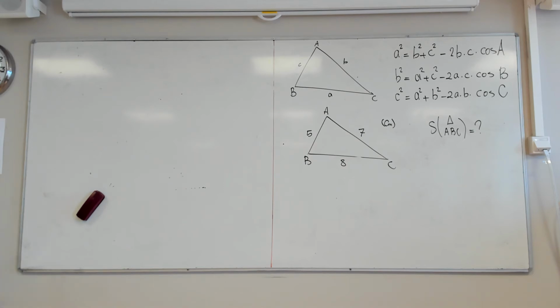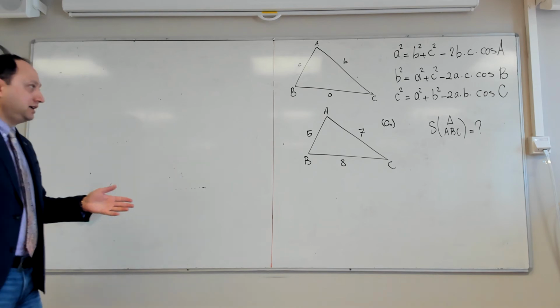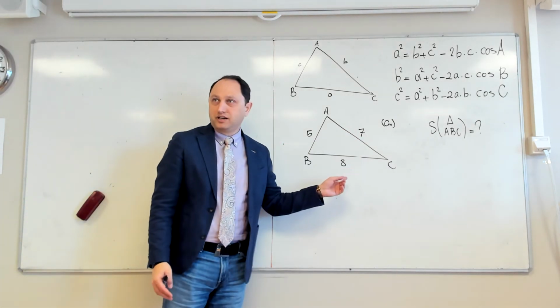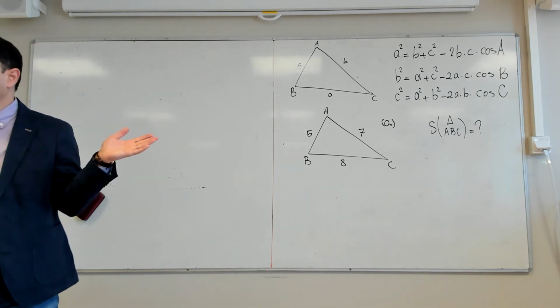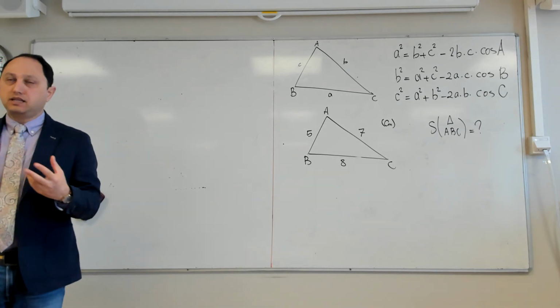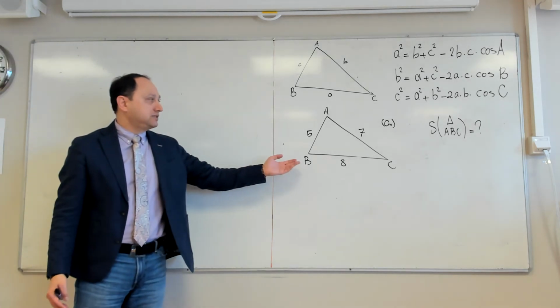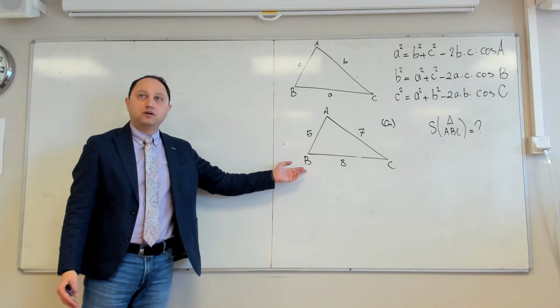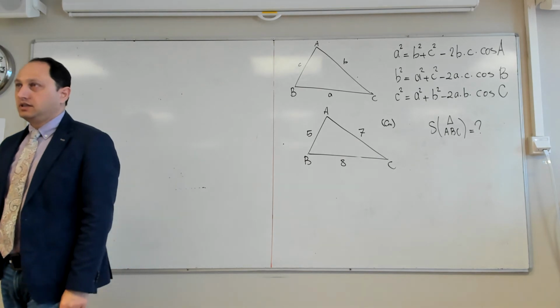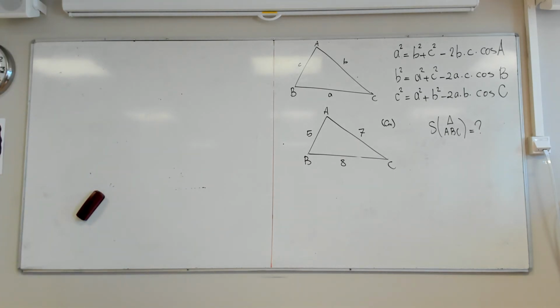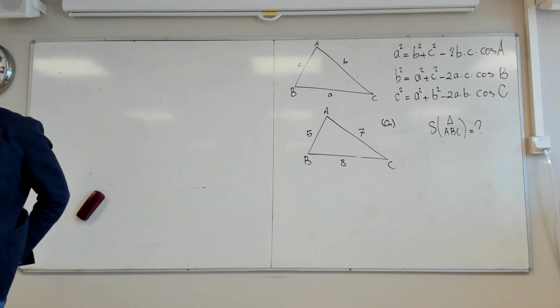But the area rule needs two sides. That's okay, instead of two sides, I have three sides. But it also needs one angle, which I don't have. So if I want to be able to calculate the area of the triangle, somehow I should be able to get one of these angles at least. Is that clear? Because if I have that angle, then I can use the area rule and I am done.